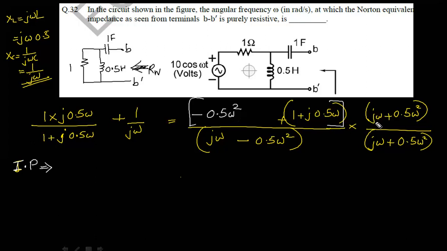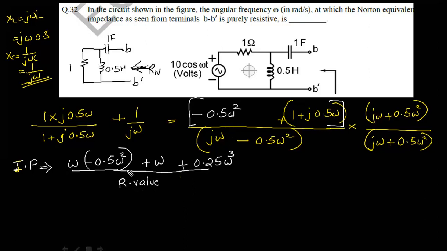So we can write the imaginary terms, that is J omega into minus 0.5 omega square, that is omega into minus 0.5 omega square. Next, multiplying J omega into 1, that is omega. Now the next term, 0.5 omega square, a real term, into J 0.5 omega, that is plus 0.25 omega cube, divided by some real value.